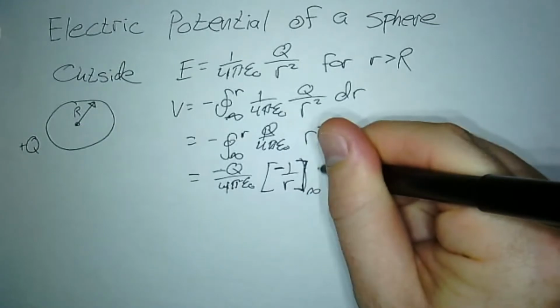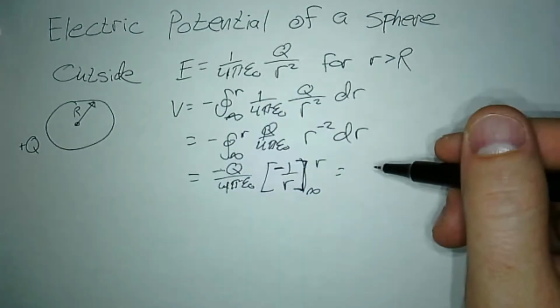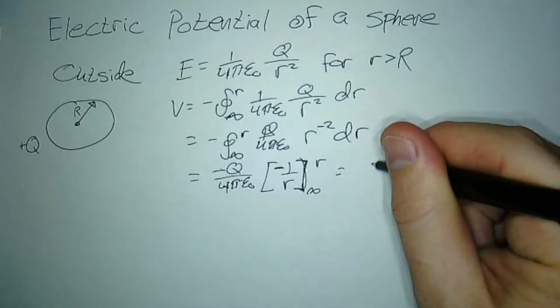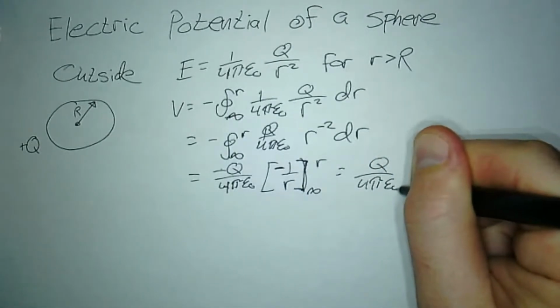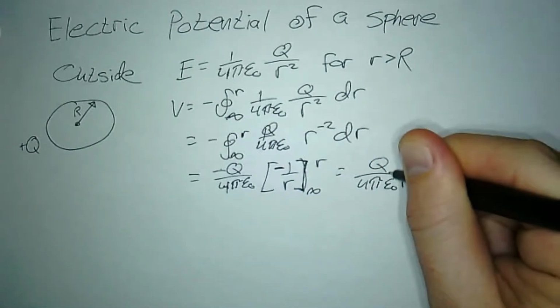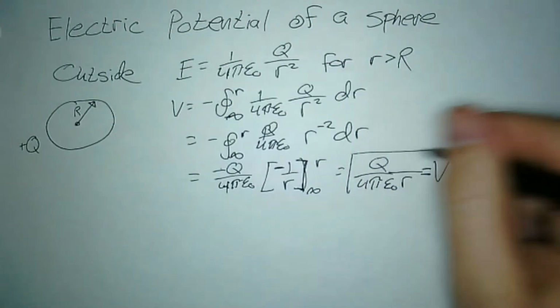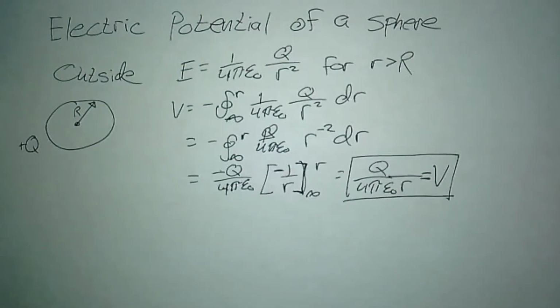Evaluate from infinity to r, and so, because 1 over infinity is 0, this is just going to be q over 4 pi epsilon naught r is equal to V. Okay, so that's how you do it outside.